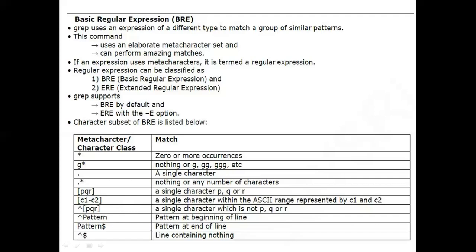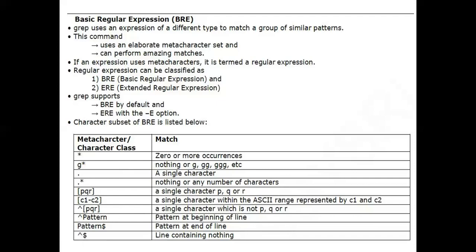So if you want extended regular expression to work, then the option to include along with your grep command is the -e option. Let us see some of the meta character set associated with the basic regular expression. These are all the meta characters or character classes you can use with your grep command to frame your basic regular expressions.